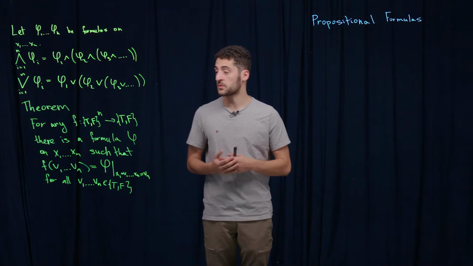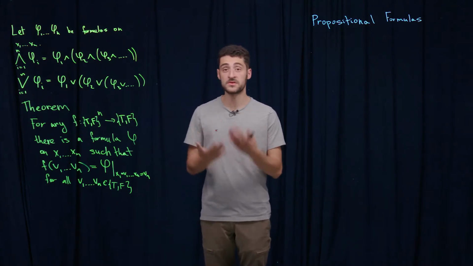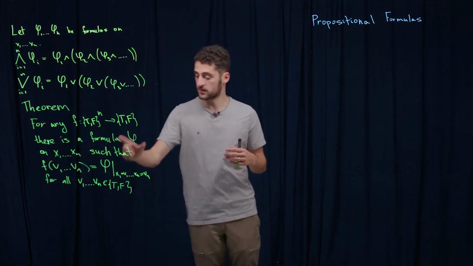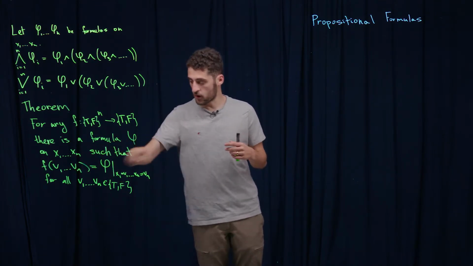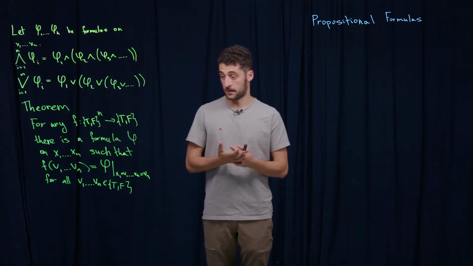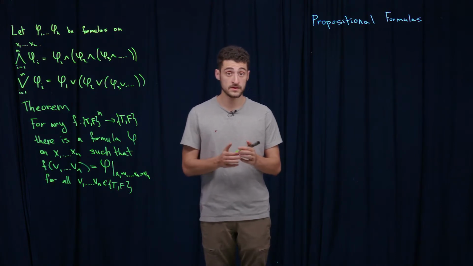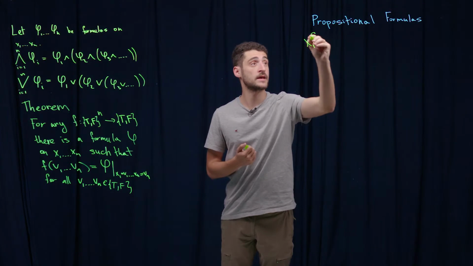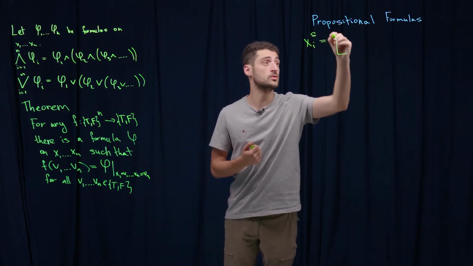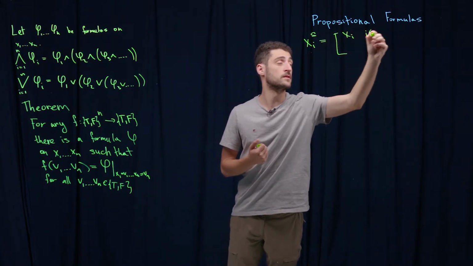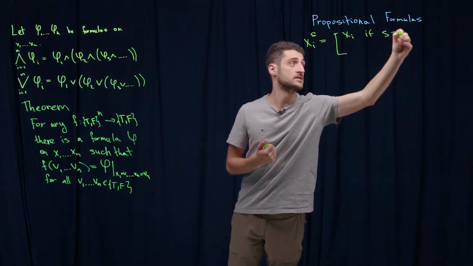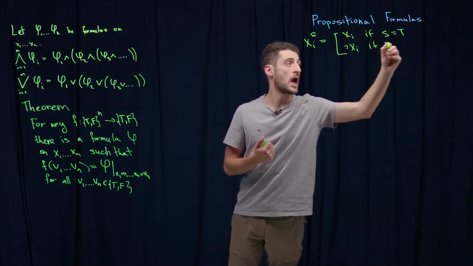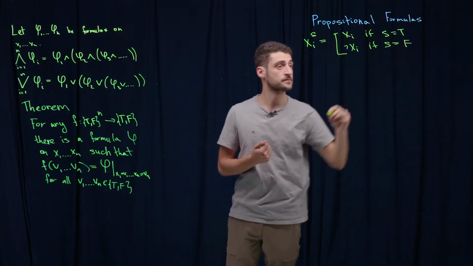Using this notation, we can show that any function can be represented as a propositional formula. In other words, the value of a function is equal to the value of a formula for all values v1 to vn. In order to prove this, let's give the following definition. xi to s is equal to xi if s is true and not xi if s is false.